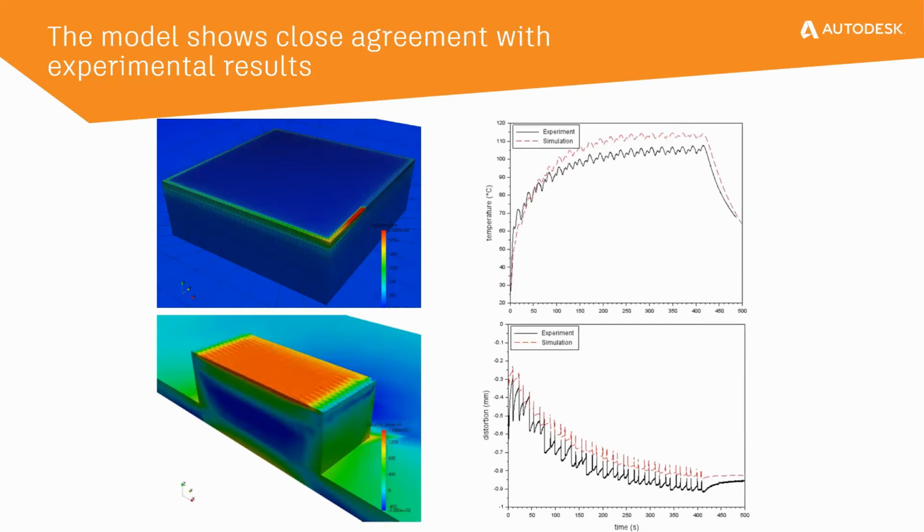So basically, very high correlation between the simulation that we did, which you see as the image up top, and also a cross section that you see over here of the physical experiment, which captured live data of temperature and displacement as the part was being printed, or that little tiny cube was being printed.